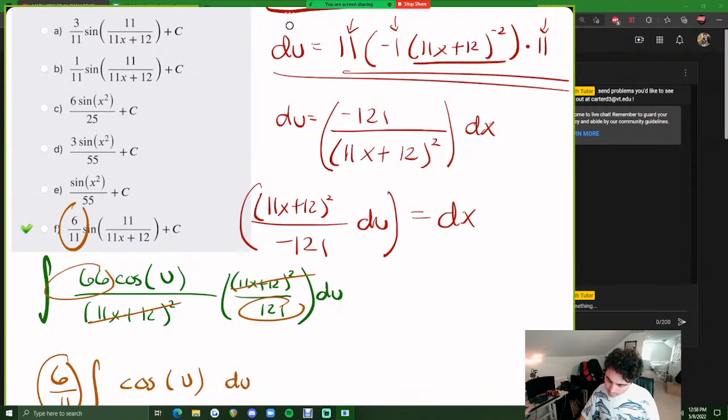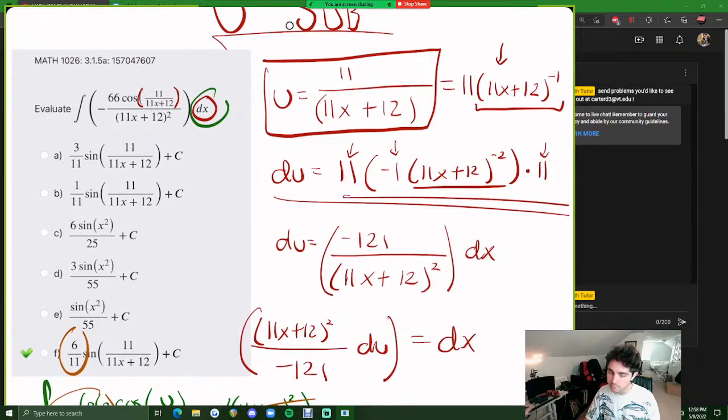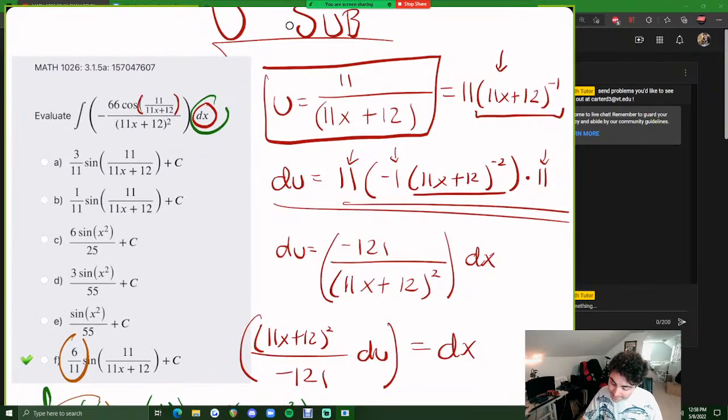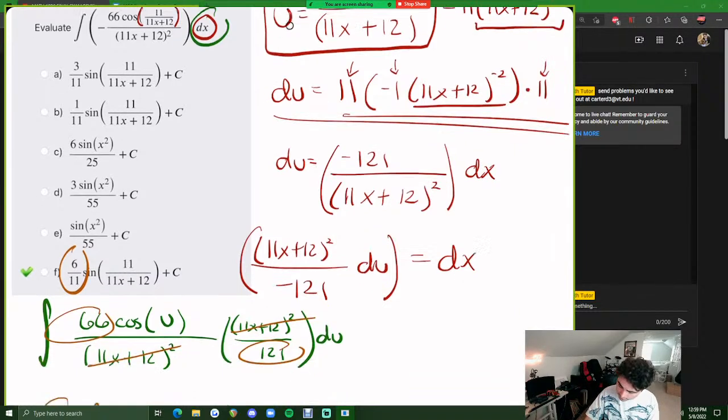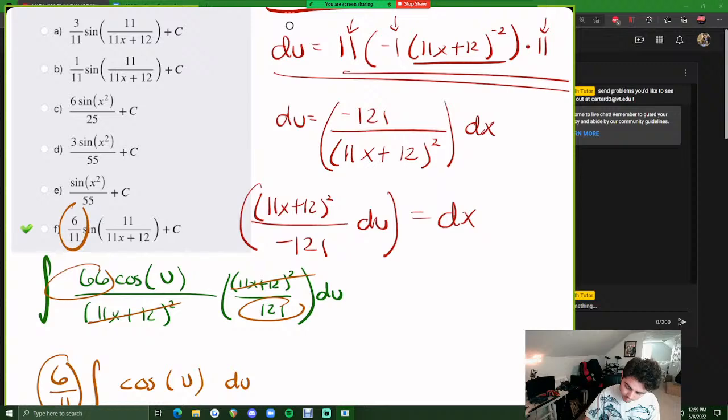So a super, super crazy problem where the heavy lifting of the problem is identifying u and taking the derivative of u. So really that goes back to 1025 stuff. Unfortunately, it still is very beneficial to know derivative rules and chain rule or quotient rule, whichever you prefer, in these problems.